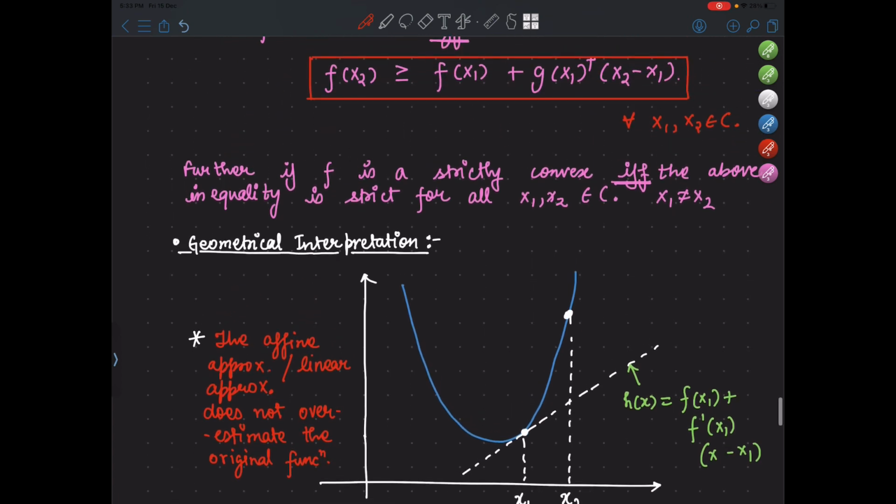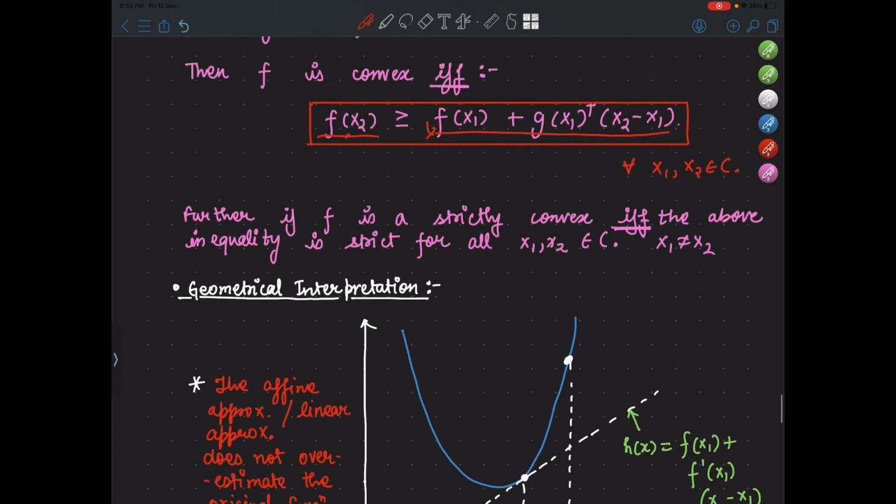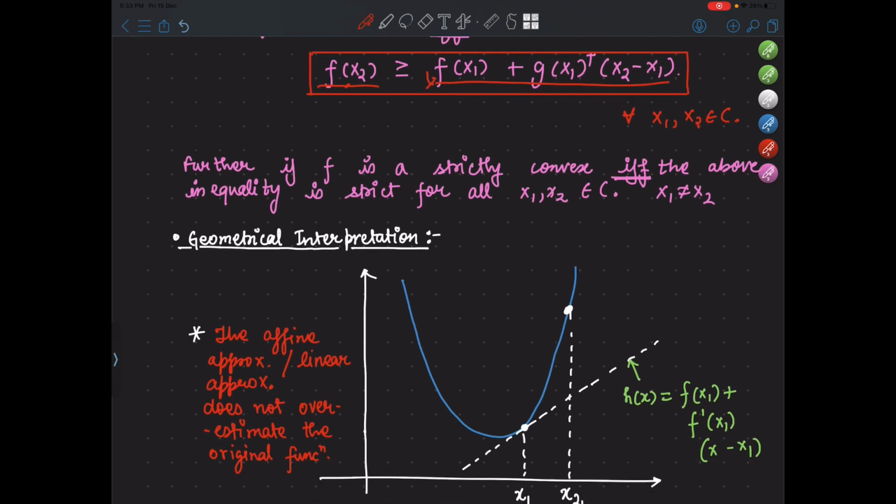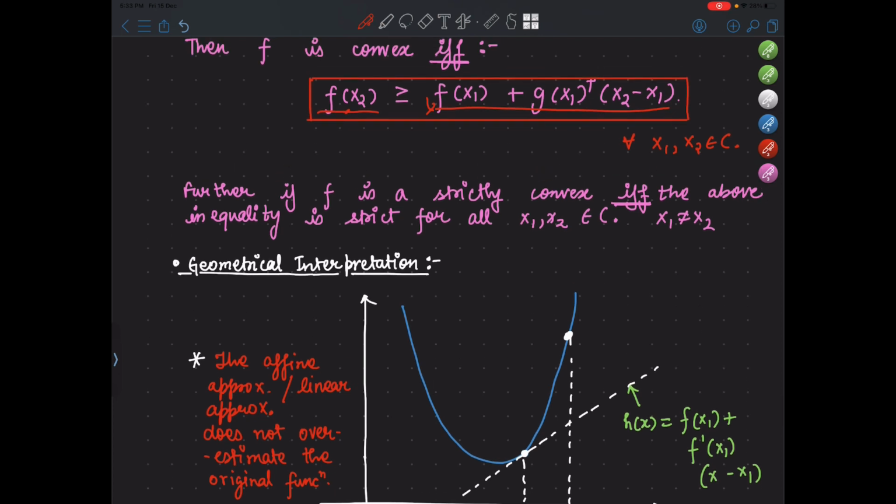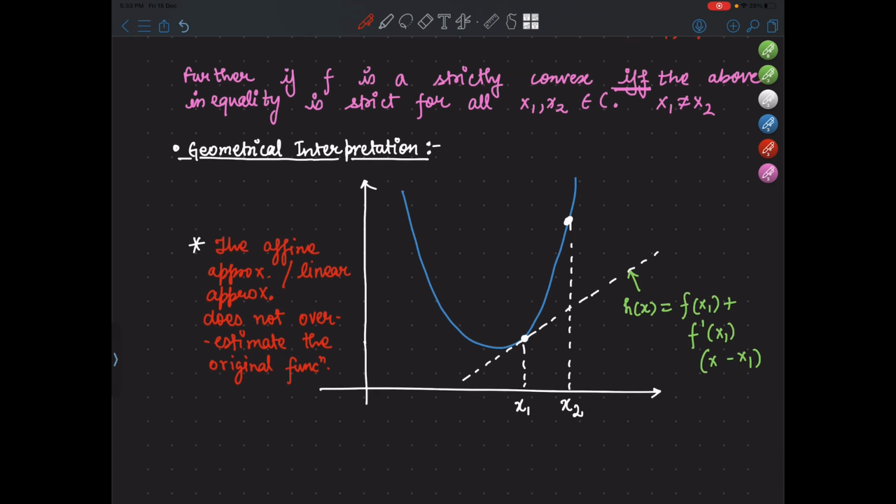If you look at the inequality, this represents the linear approximation, and it is always less than the value of the function at x2. The line will always be lower than the function itself. So this theorem says that if this condition is true for all points, then the function is convex, and if the function is convex, the reverse is also true. So this is the geometrical interpretation.